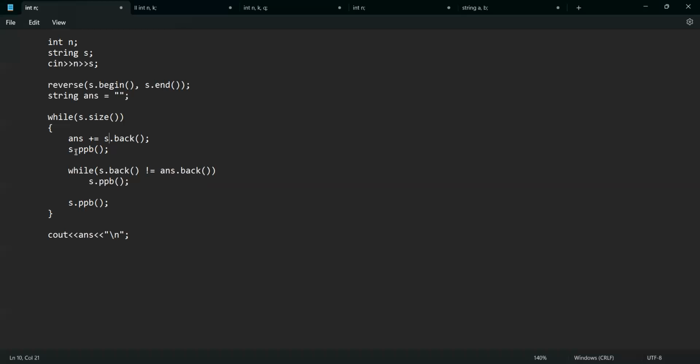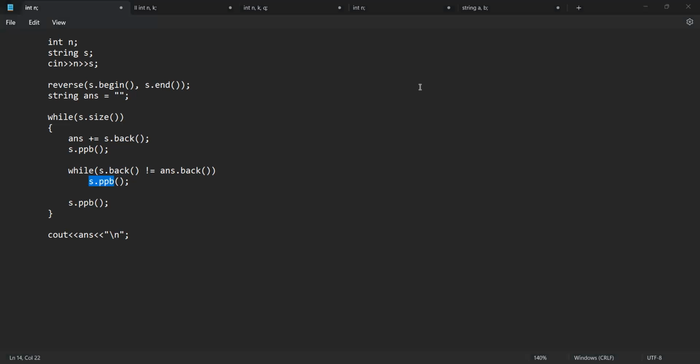Then I'll pop this character from s, and while s dot back is not equal to answer dot back, I'll keep popping, because these are the characters that were appended afterwards. And finally, this is the character which is appended after all these characters. And finally, I can print my answer.